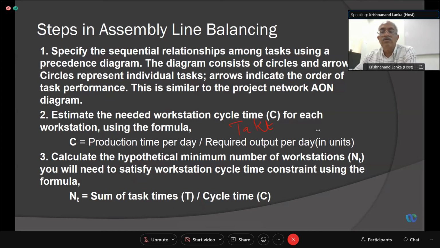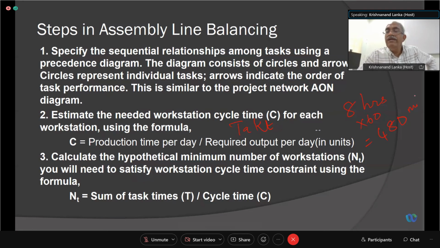Production time per day means, for example, suppose you are working one shift per day. Suppose you work 8 hours, and each hour has 60 minutes. Then the production time per day is 480 minutes.